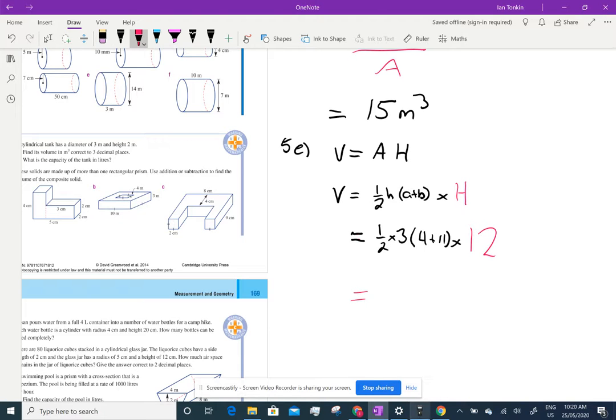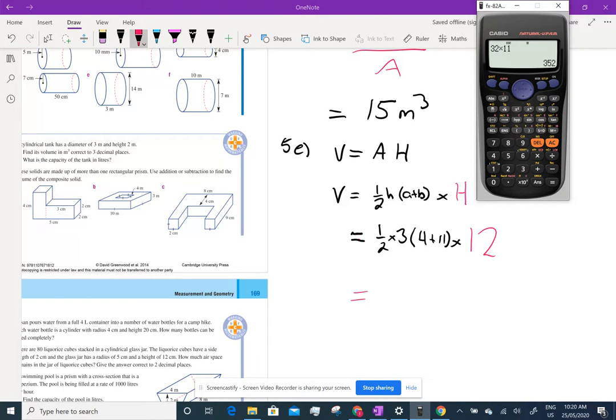And I do this on my calculator. I've got a half times 3 times bracket 4 plus 11, close the bracket, times 12, 270.